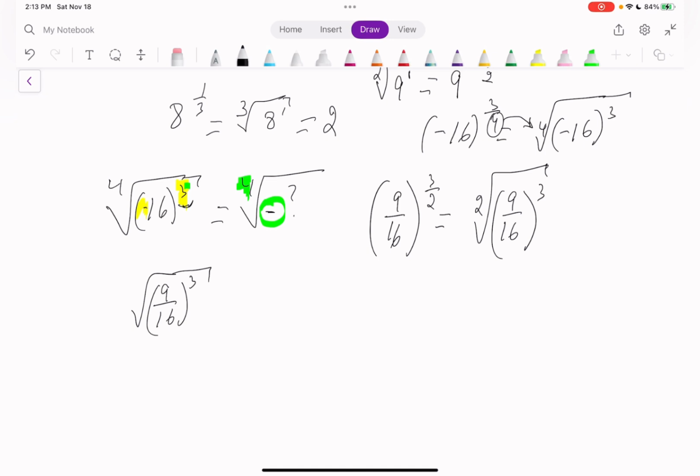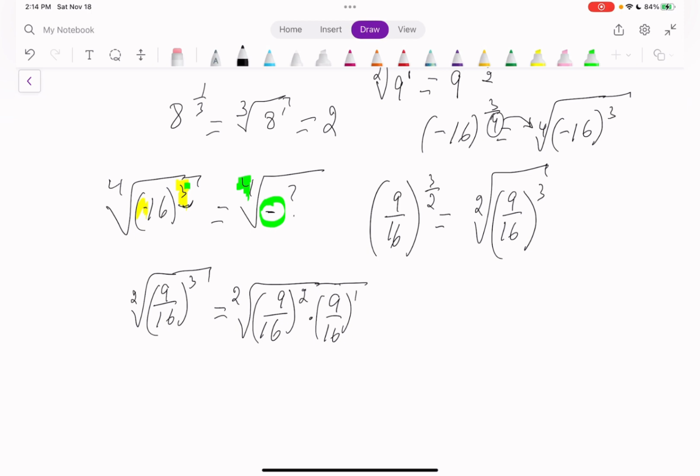For that reason, I'm going to leave 2 here, so it would be clear. Look, 2, 9 over 16 squared, correct? And then times 9 over 16, which is going to be power 1, correct?